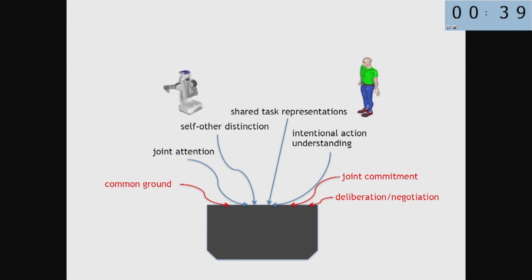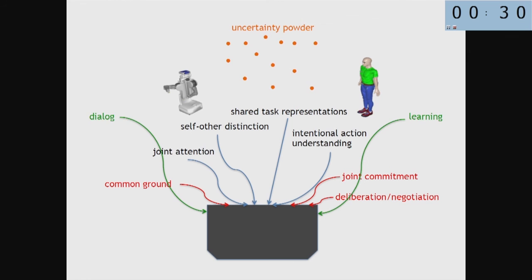I do not speak about joint commitment, deliberation, negotiation, which are needed to achieve such stuff. And I do not speak much about learning, about dialogue, and all of that under uncertainty. And still, it is complicated.